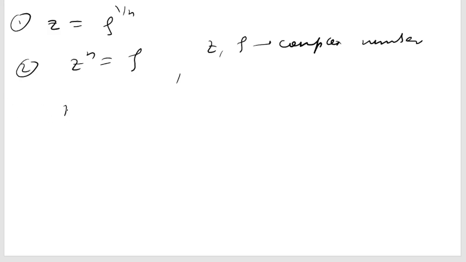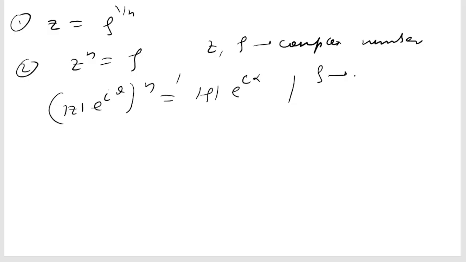This is the modulus of z, e to the power i theta, to the power n, and rho also converts into Euler form, that is the modulus of rho, e to the power i alpha. Clearly for rho the modulus is mod rho and the argument is alpha, and for z the modulus is mod z and the argument is theta.